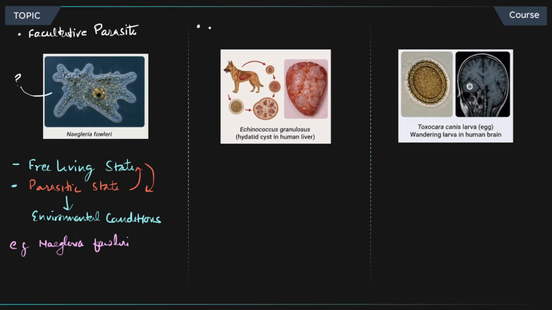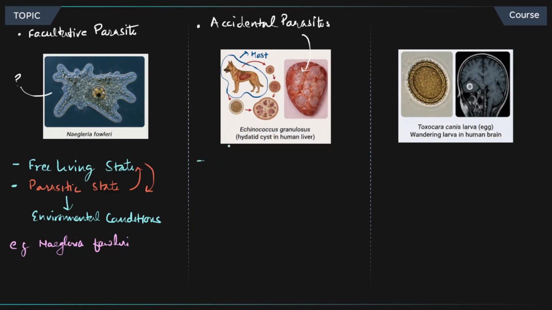Next is accidental parasite. Really interesting term, accidental parasite, right? If an organism accidentally becomes parasitic, that's called an accidental parasite. So let me write it down over here. As you can see, this is the host for this particular parasite, and humans can also get infected accidentally, right?